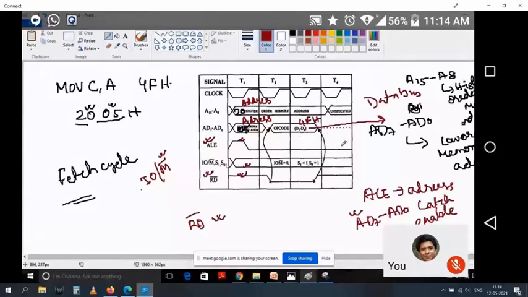That now it is a data bus, AD7 to AD0. So what I have done is a memory read operation. Input output memory was low, read was low. So I have done a memory read operation and I have put my data into the data bus. And this data is now going to the instruction decoder. This opcode fetch cycle is clear?